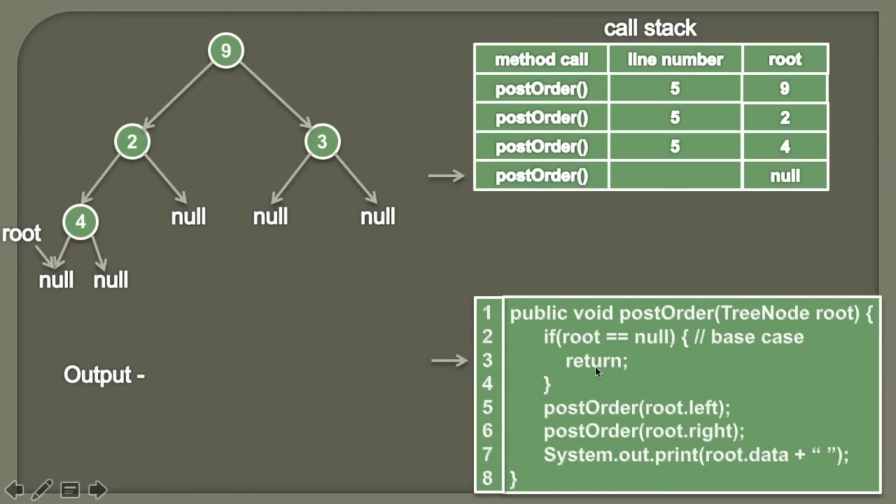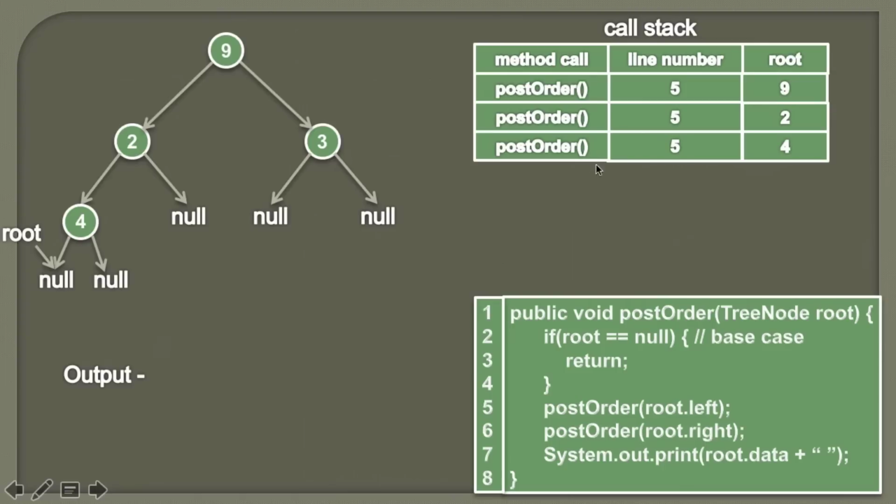So friends, as we return from this method, this post order method is executed completely, therefore it will be removed from the call stack. When this method is removed from the call stack, the call goes to its previous method, which actually called this method with root as null.